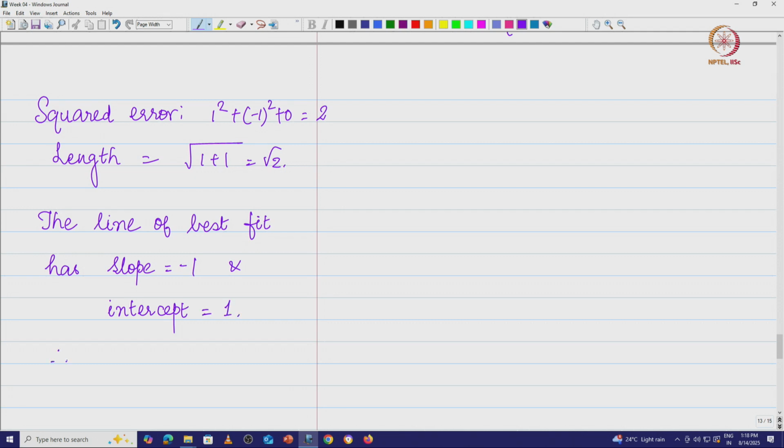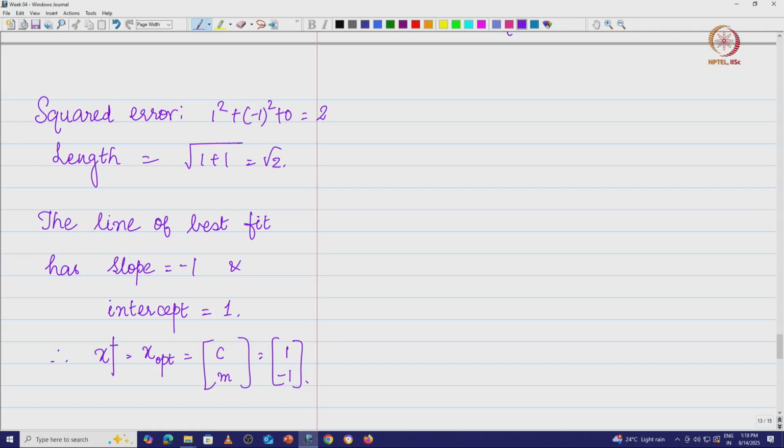Therefore, whatever we have found out, the x dagger, which we will also call the x opt or the optimal solution, is going to be C, m, which is equal to 1, minus 1, right. This is what we have.